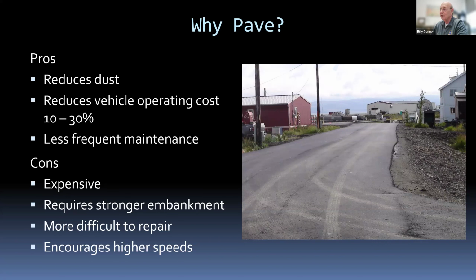If you go to Nome or Utqiagvik, people get on and off the road wherever they want, and they track the mud on, and the road looks more like a mud road or a gravel road than it does a paved road. And when that dries out, you get a lot of dust coming off of that. So I would encourage you to look at channelizing the traffic and how it gets on and off.